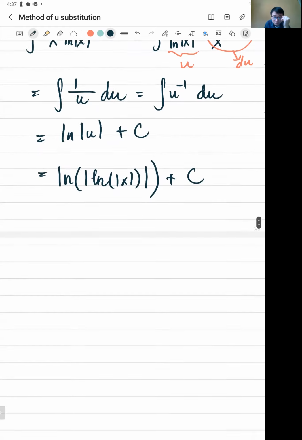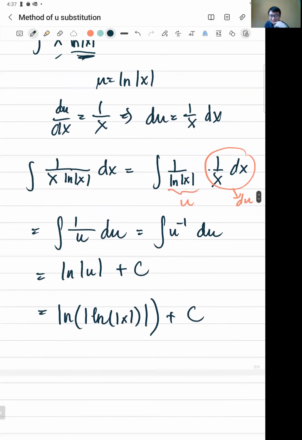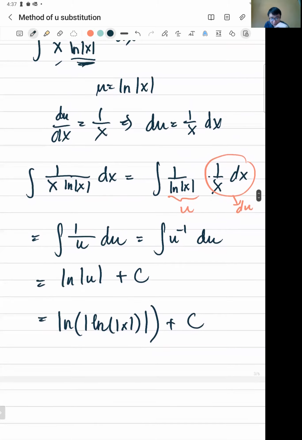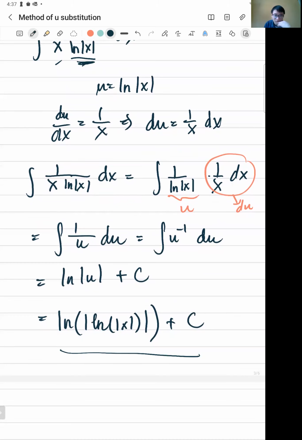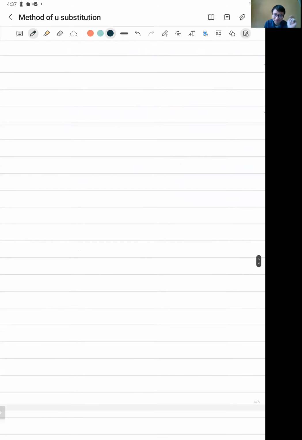Sometimes when we're doing this kind of u substitution, it's just not obvious whether we get the right answer or not. For example, in this one, I know for sure this is the only right answer, because we cannot set u as any other element.